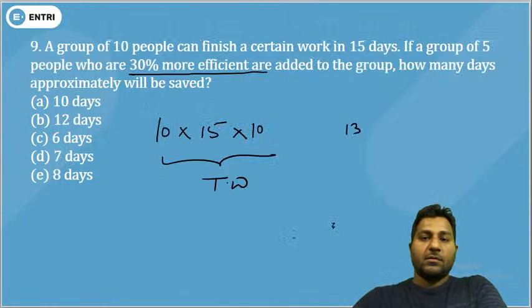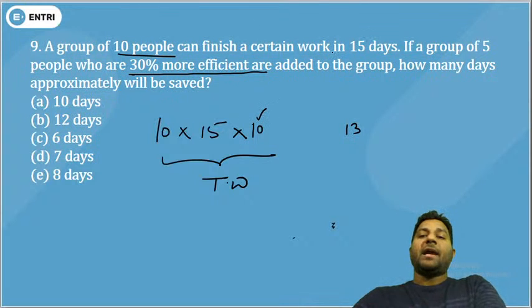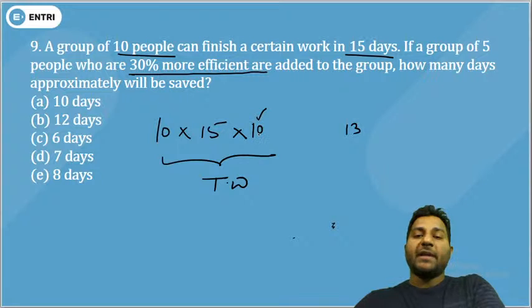Look, a group of 10 people. Those 10 people have an efficiency of 100%, and they do the work in 15 days. That means 10 people, 10 efficiency, and they do the work in 15 days. That means 1500 will be the total work.